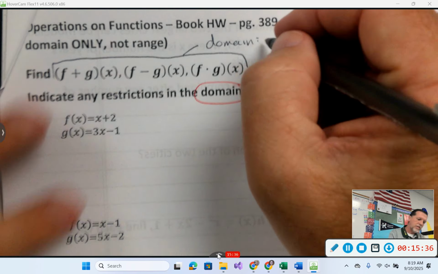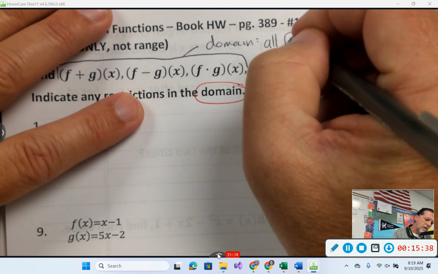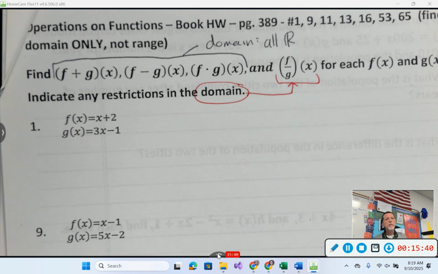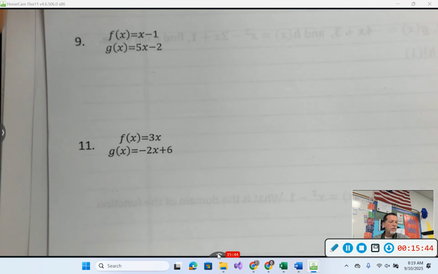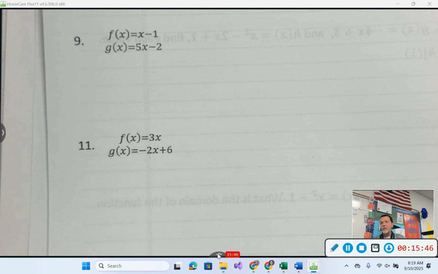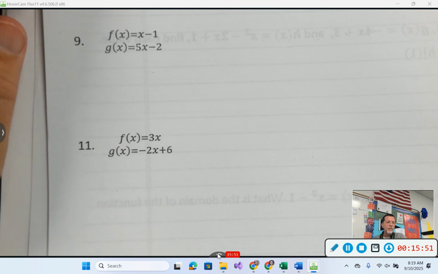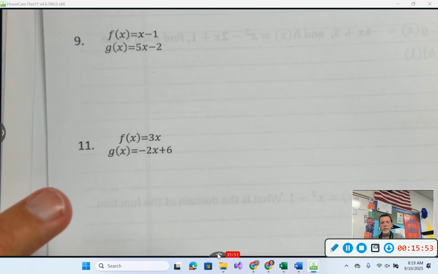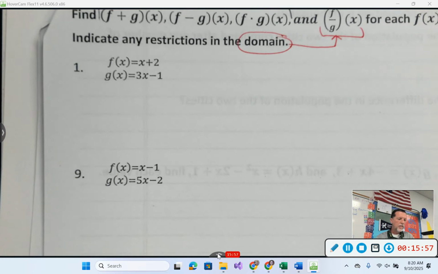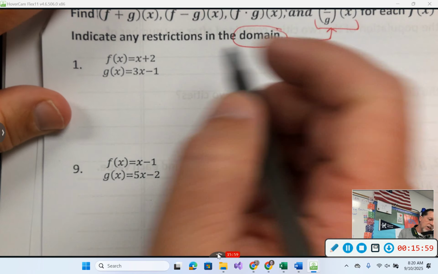All real numbers. Because, I had to cheat and look ahead a little bit, none of those have denominators in them, right? If f had a denominator of its own, then I'd have to be careful. But all of these are polynomials, so all of them are fine for their domain. So yes, that will take out those three.